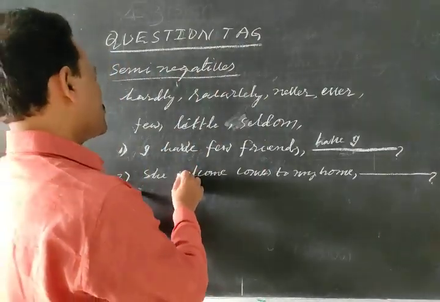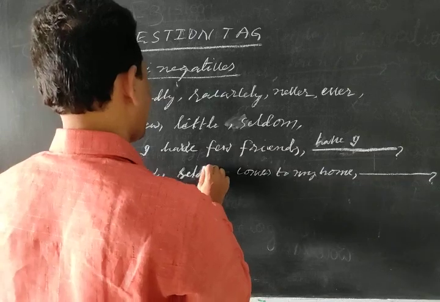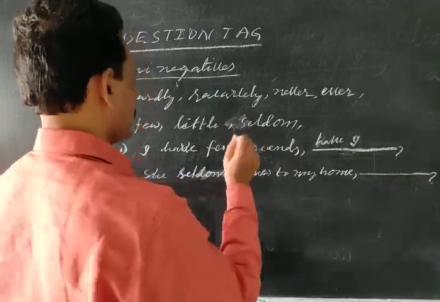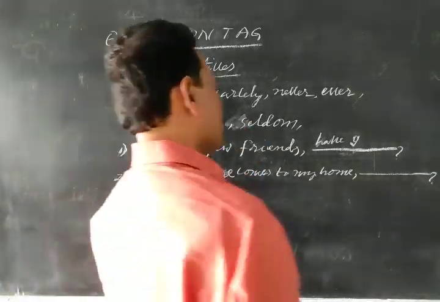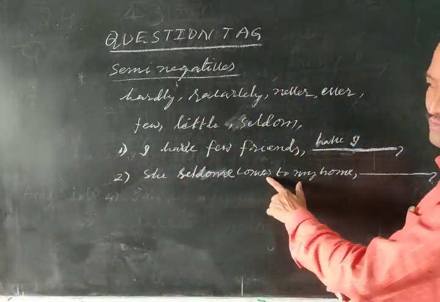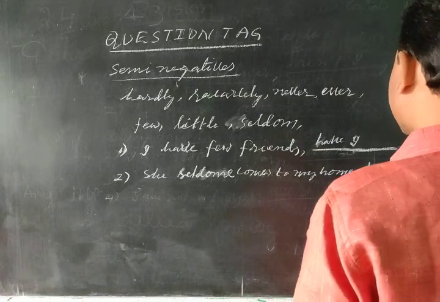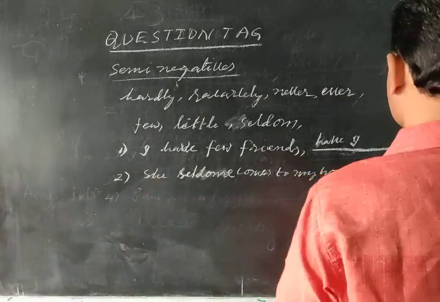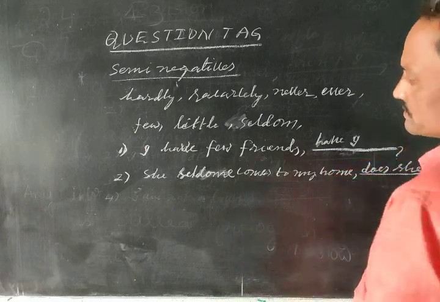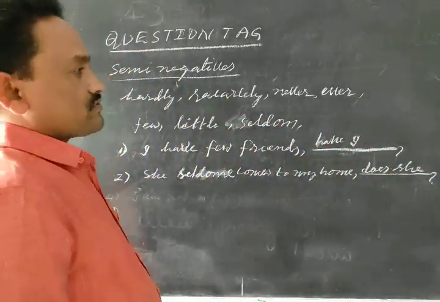Here, what is the similar word? Seldom. Seldom is negative, so write a positive question tag. This is simple present tense because of "comes", you know. Comes, so "does she". This is one more rule. Next one.